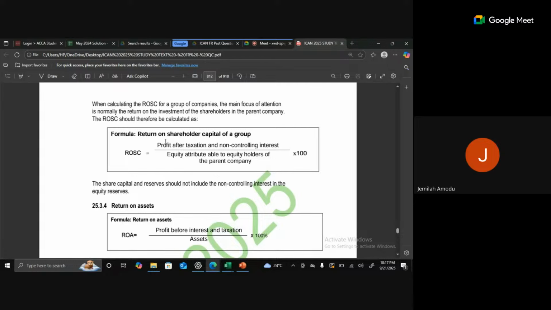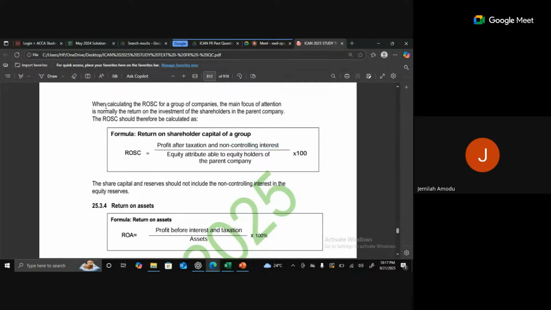But in this case, when they say profit after taxation and non-controlling interest, that means the profits you have after you remove your taxation and after you remove those interests that relate to your non-controlling interest, or the equity component that relates to your non-controlling interest, you have to remove it. Because why?